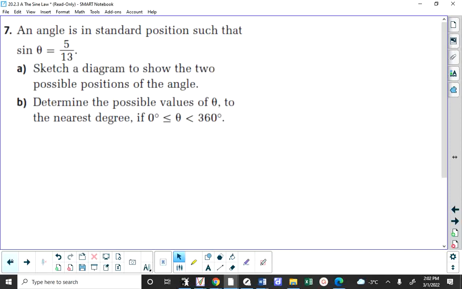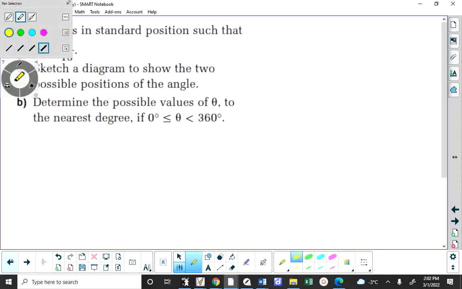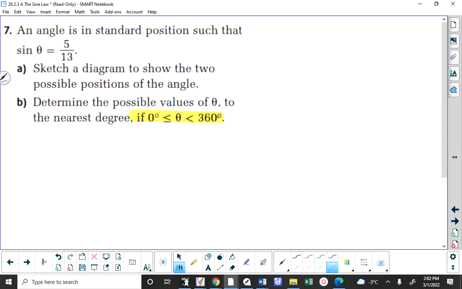The key to answering this problem is to recognize that we're talking about any rotation angle from 0 degrees to 360 degrees. So the first thing you do, once you know that sine of theta has a value of 5 over 13, this is the trigonometric ratio.